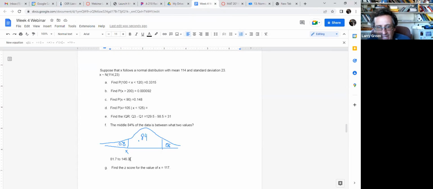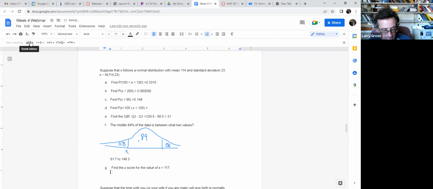So I'm going to stop for a second. Any questions at all on this work? Okay, so let's look at the last one. Find the z-score if the x value is 117. So for this one, all I do is I pop in the z-score formula.